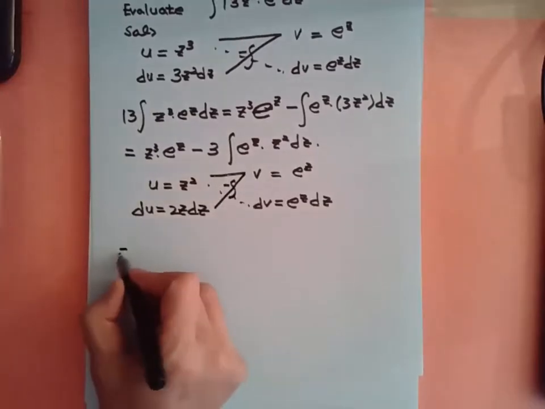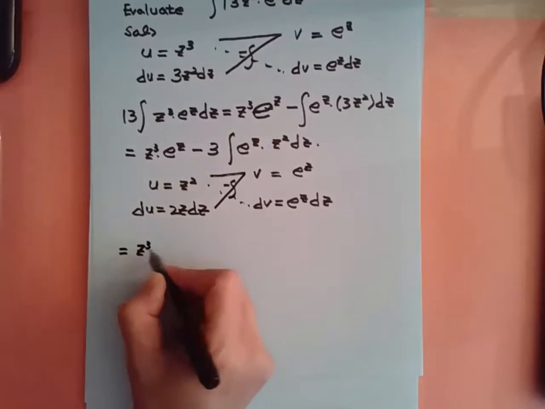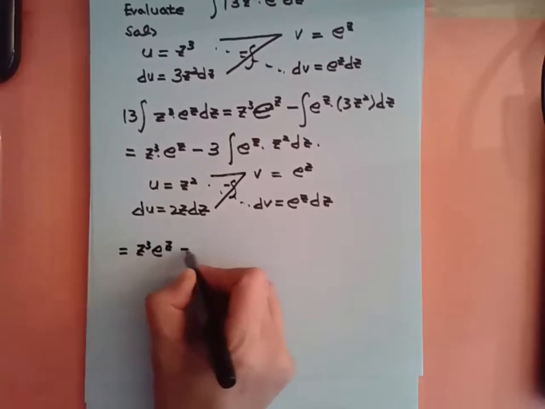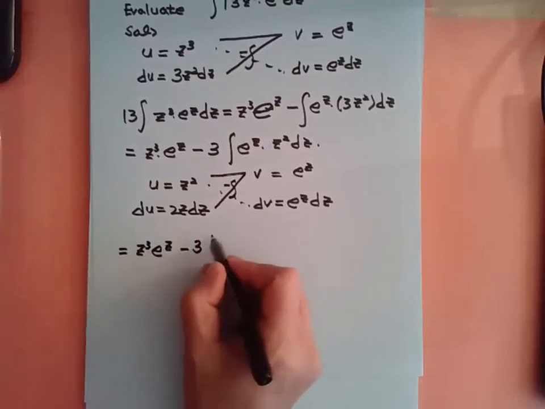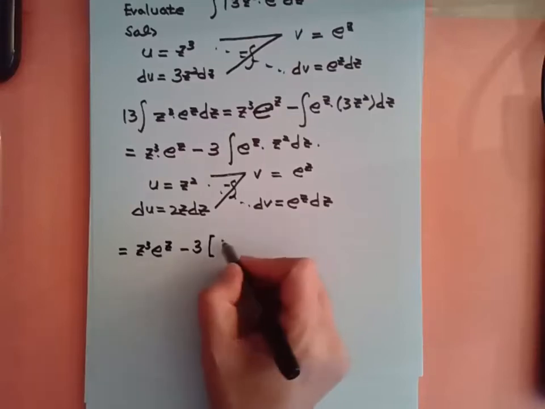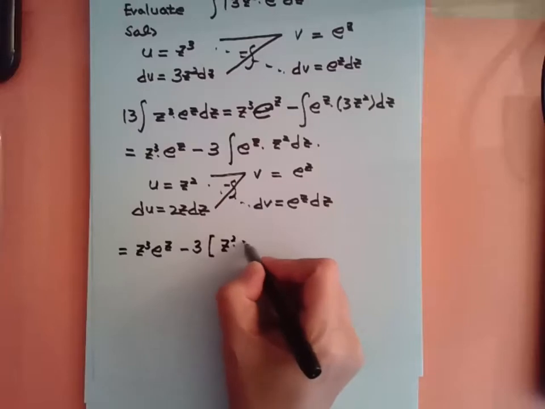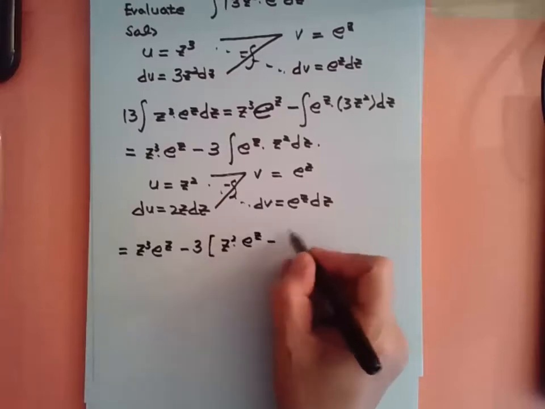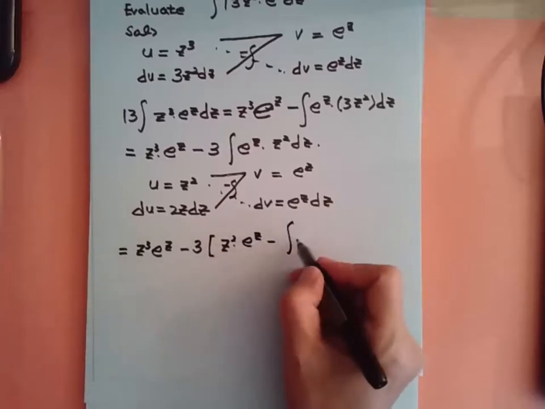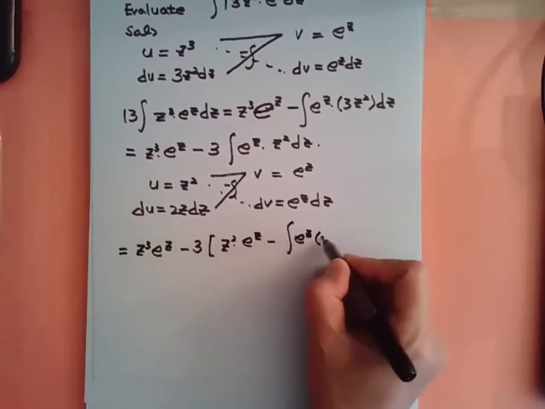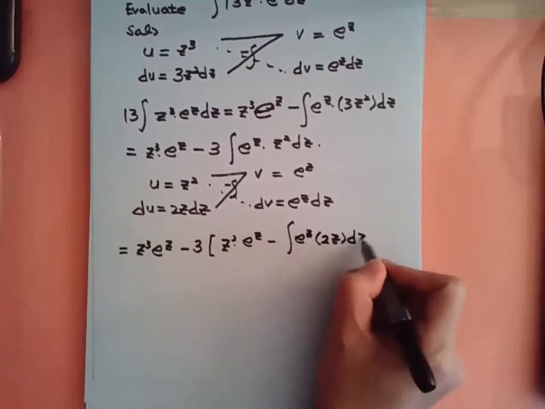So this is z cubed e to the z minus 3 open bracket z squared times e to the z minus integration e to the z times 2z dz.